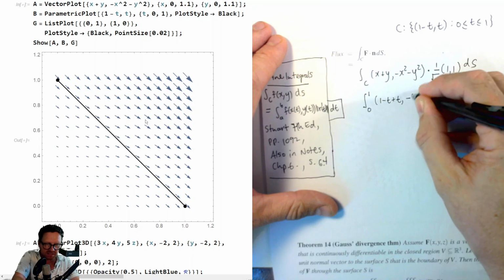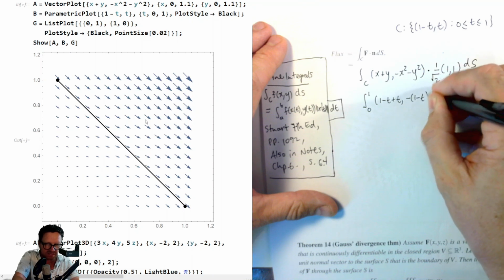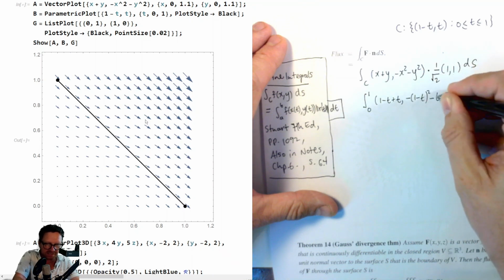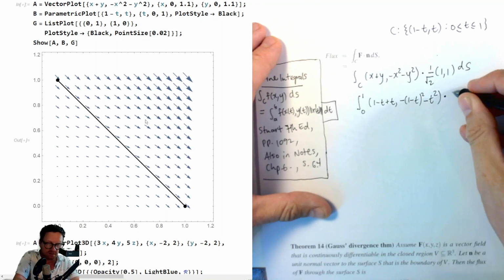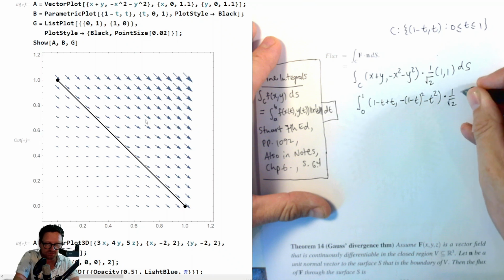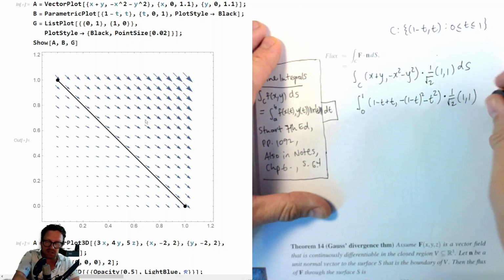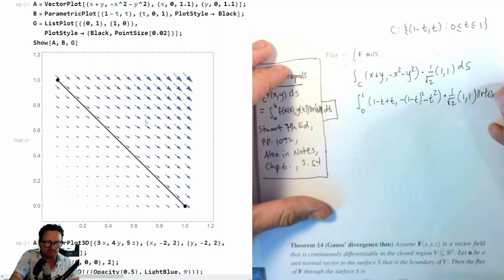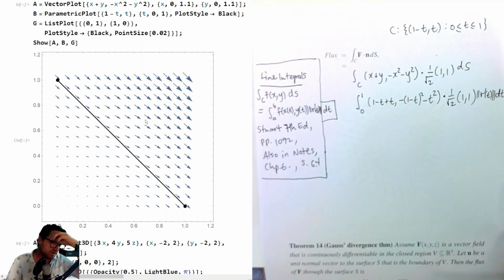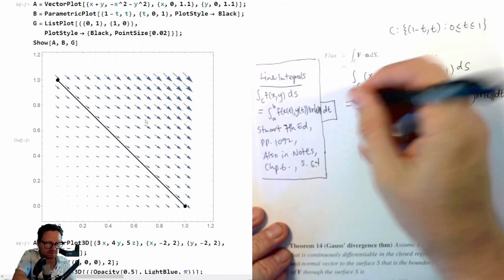Then we have minus x squared, that's 1 minus t all squared, and minus t squared. We're dotting this with 1 on root 2, 1 comma 1. And then we need the norm of r dash according to this, dt.